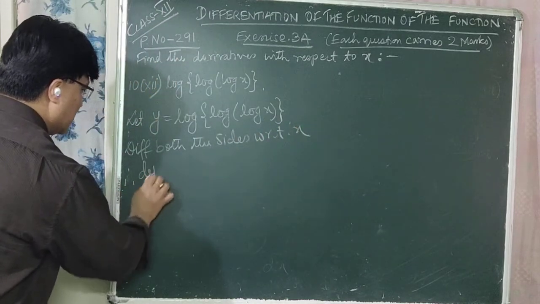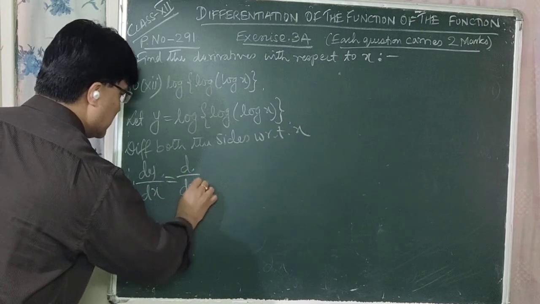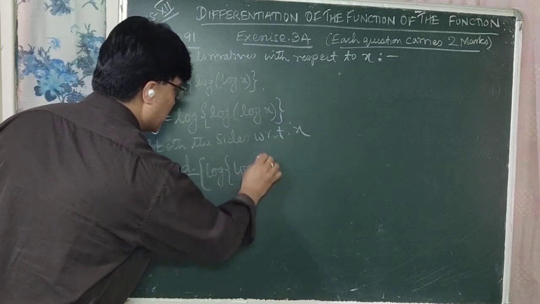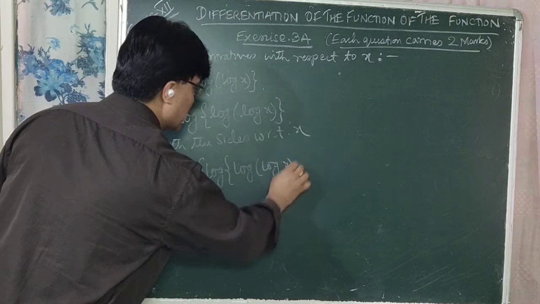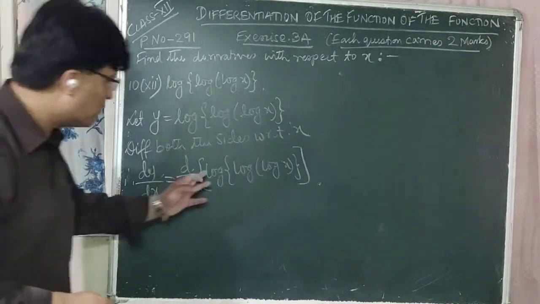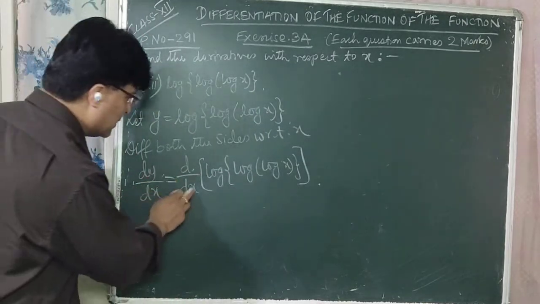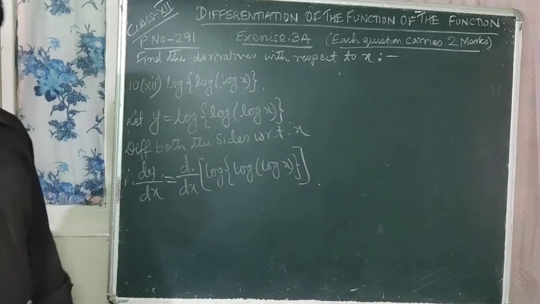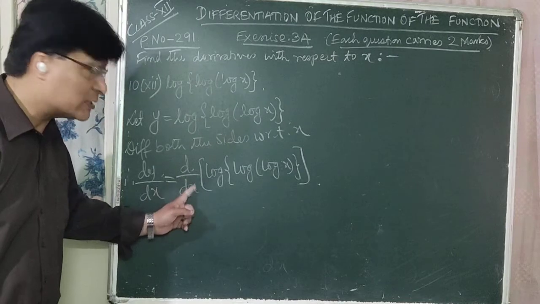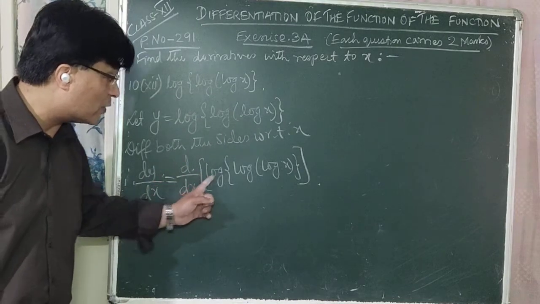So therefore dy by dx is equal to d by dx of log, within second bracket log of log x, second bracket closed, third bracket closed. So in order to differentiate this given function, what should you take it as? d by dx of log x. You should take it as log x. Right? d by dx of the first function here is log. So you should take it as d by dx of log x.